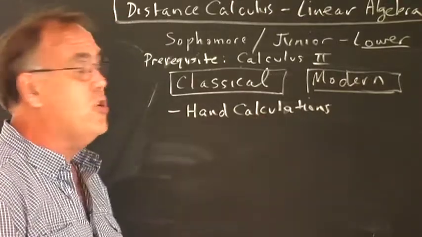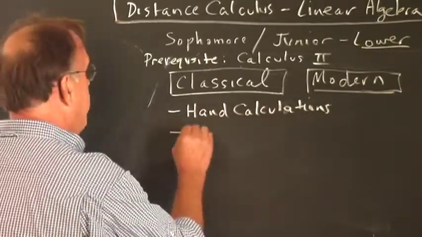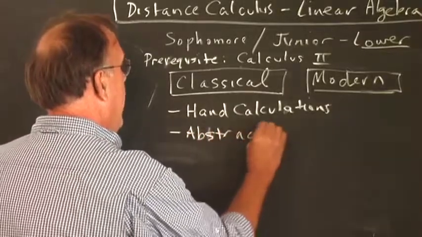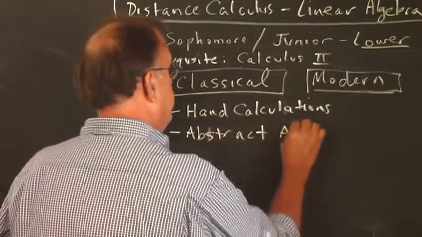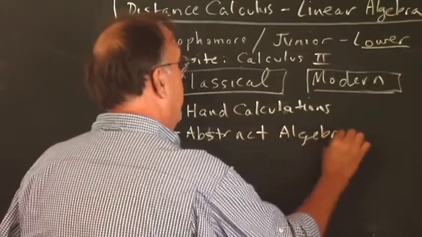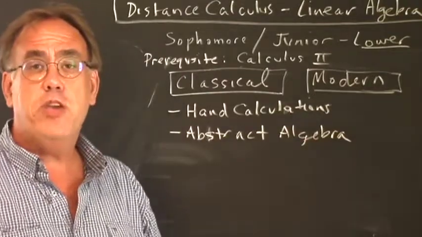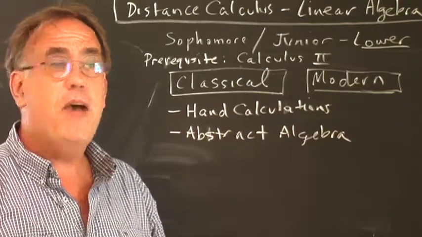But the intention of the course was to learn hand calculations and also abstract algebra. I say that because abstract algebra is a very difficult course that math majors study when they become a junior or a senior in a pure math degree.